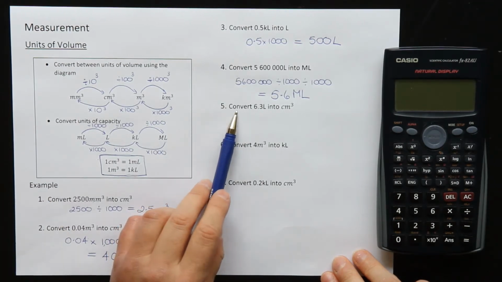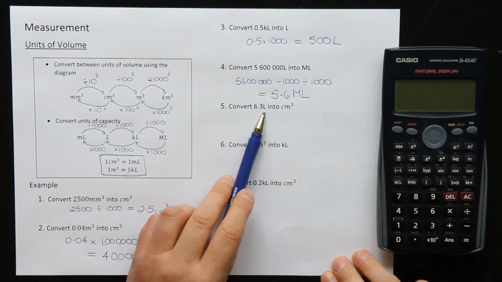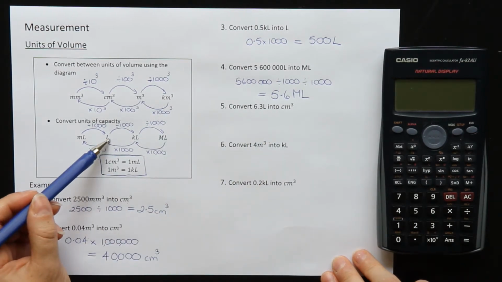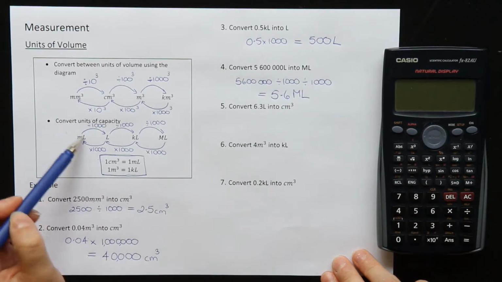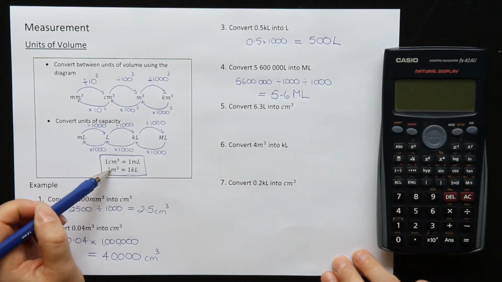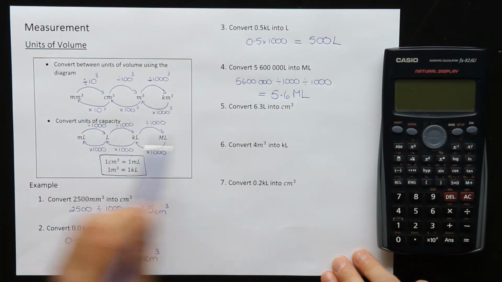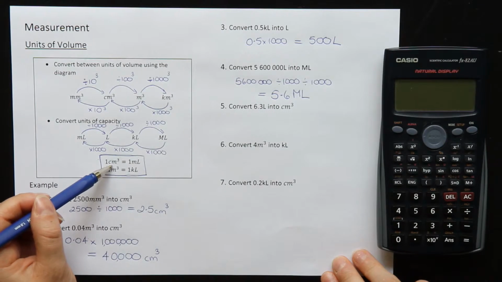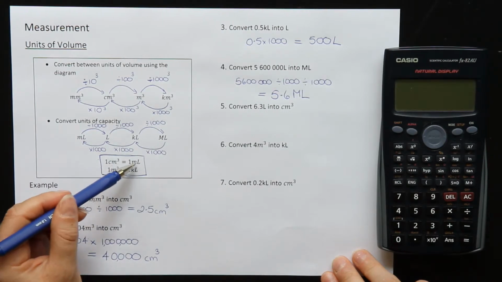Question 5. Convert 6.3 litres into centimetres cubed. So we want to go from litres into a centimetre cubed. We're converting between these two types of units here. And that's when we need these rules down here. Now we don't actually have one that has a litre conversion. But if I want to get to centimetres cubed, what I need to do is get my measurement into millilitres.